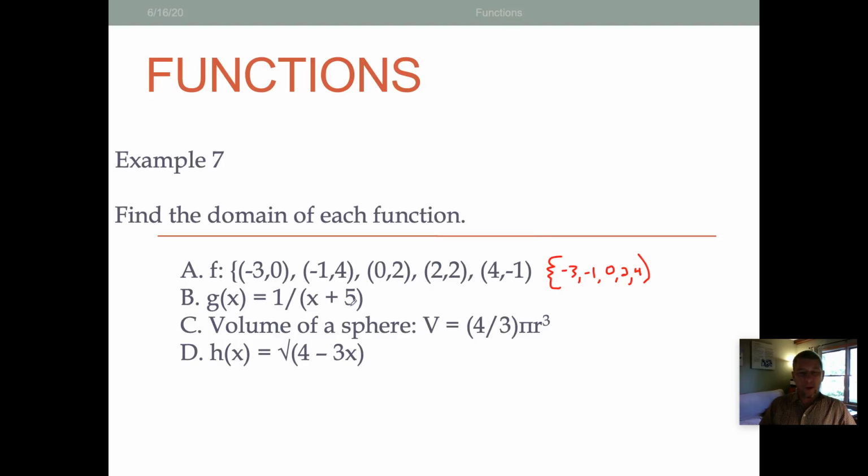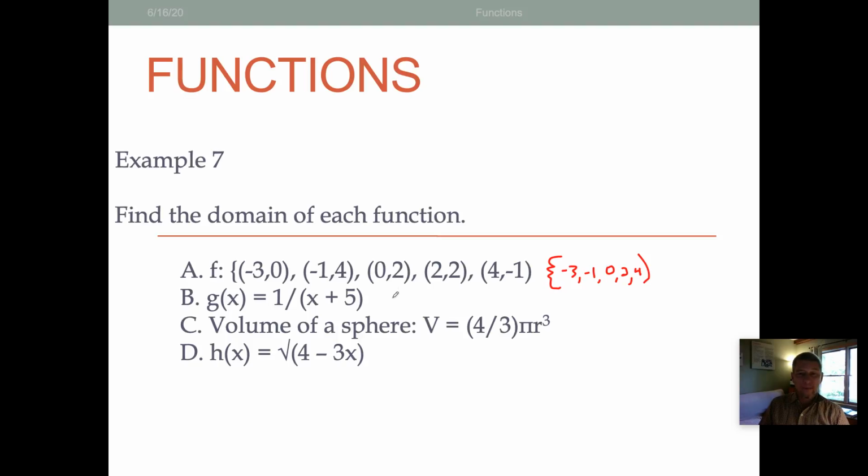For the second one, however, we run into an issue. We've got the divisor here, so this is 1 over the quantity x plus 5. Now, generally speaking, we'd want to plug in any value for x. But if you think about it carefully, you'll realize that there's one value of x that's going to make this not a defined term. If I plug in the value of negative 5 for x here, then I'm going to end up with an undefined term.